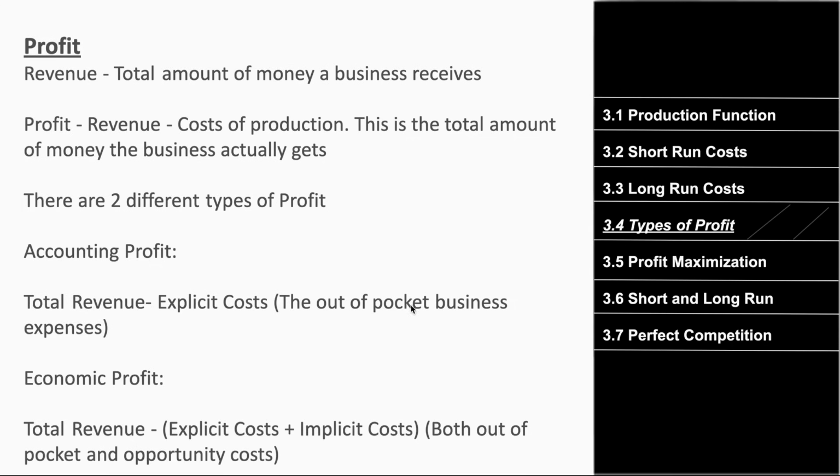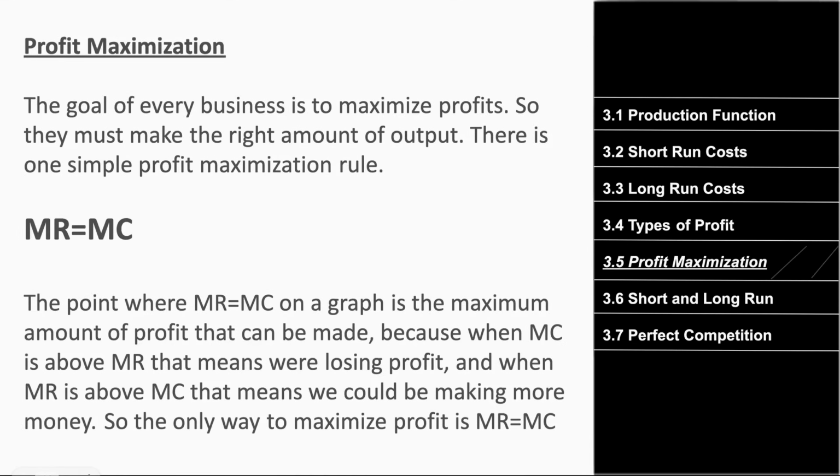So it includes the out-of-pocket business expenses, but it also includes the opportunity costs of implicit costs. So remember, for accounting profit, you consider the out-of-pocket business expenses and don't consider the opportunity cost. For economic profit, it is opportunity cost and the out-of-pocket expenses. So just make sure you know that.